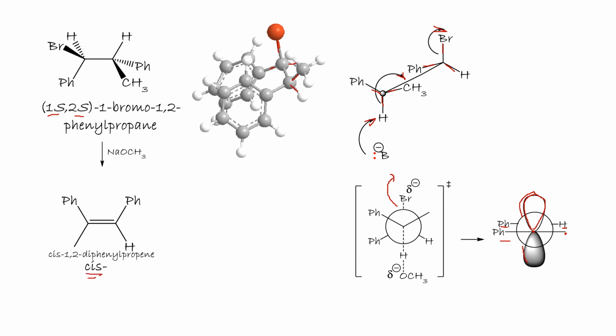Because the 2 phenyls are on the same side, we get here the cis-1,2-diphenylpropene.